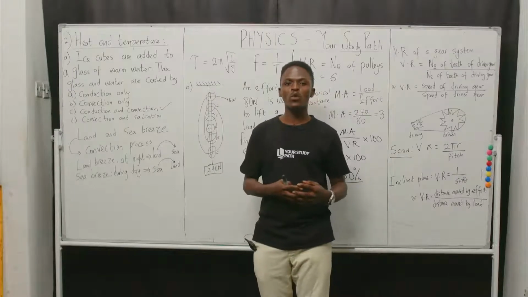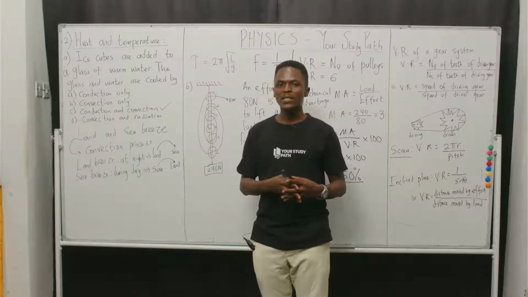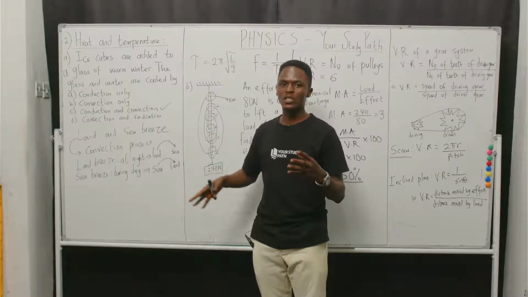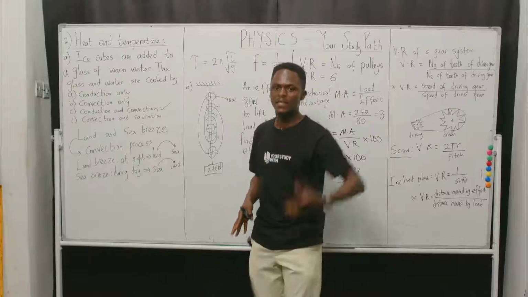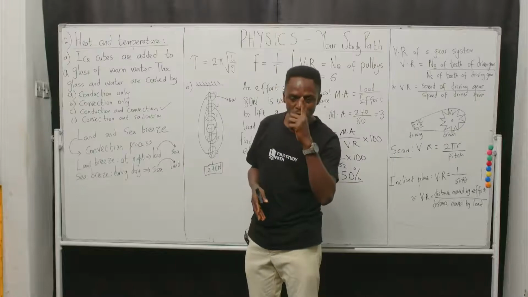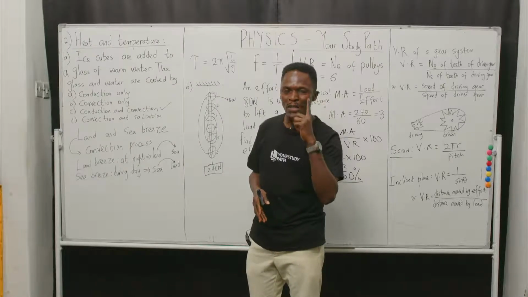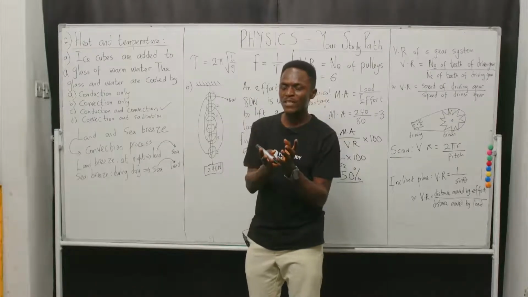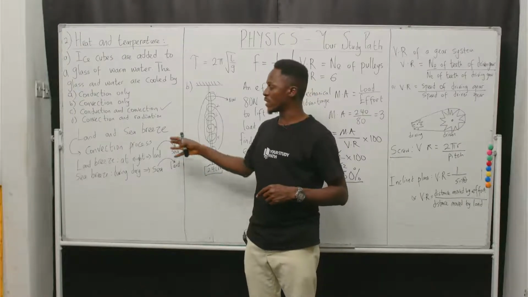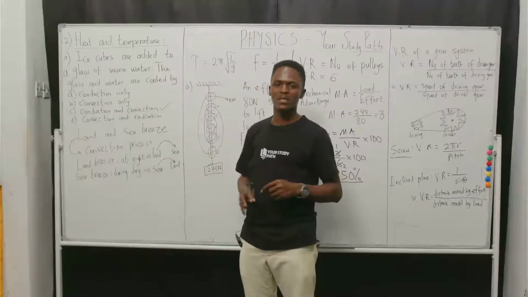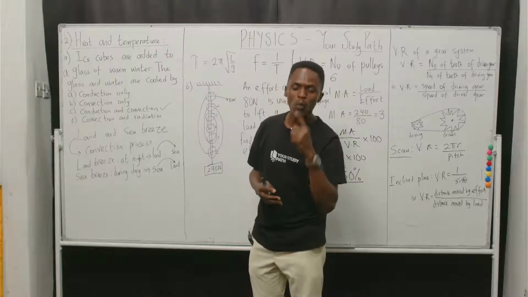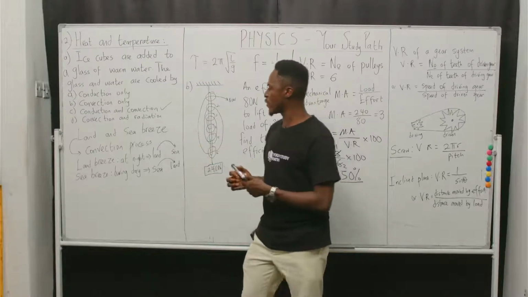It is the amount of energy required to raise the temperature of a unit mass of the substance by 1 Kelvin. In this case, considering the land or the sea, it is the amount of energy needed to raise the temperature of land or sea through 1 Kelvin. So that's the specific heat capacity.